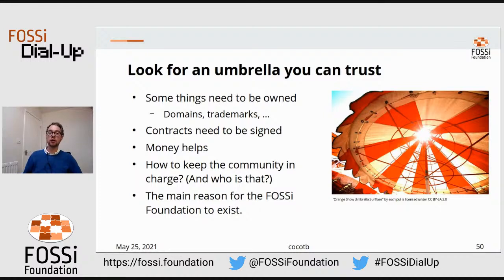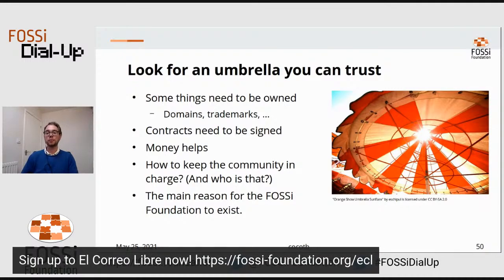If the Cocotb community, as a very undefined mass of people, decides to move on and do things differently, the trademarks can move with them and don't stay with a particular company or a particular person, who very rightfully can choose to do something different and move on. Having the FOSSi Foundation there is a fantastic way to safeguard those assets in the long term, in a sustainable way.